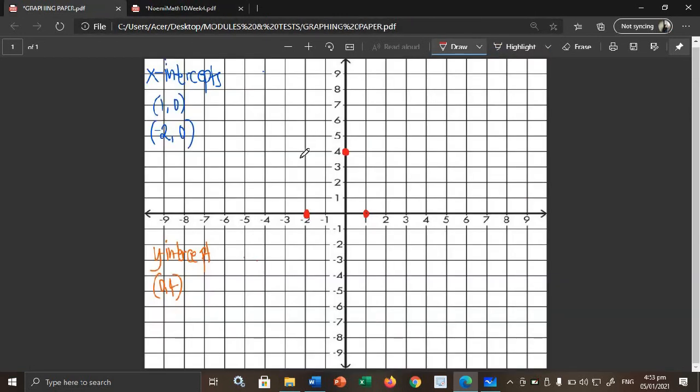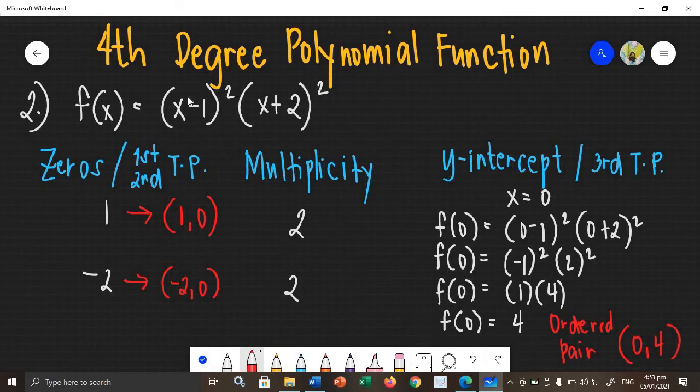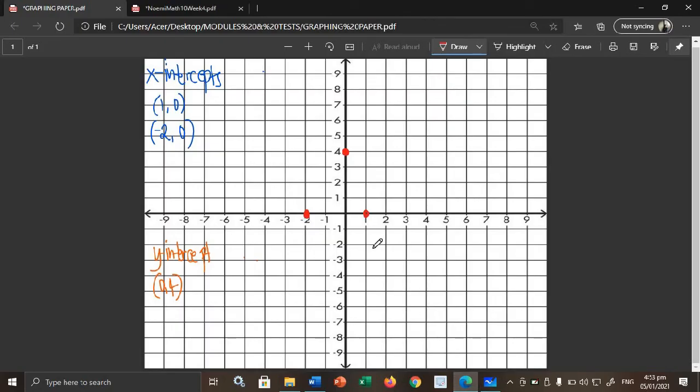So, how do we graph this? No, kailangan alam din natin yung characteristics ng graph. So, we have the fourth degree polynomial function. Ang sign ng leading coefficient natin is positive. So, the starting point of the graph is upwards and the end point should also be upwards.